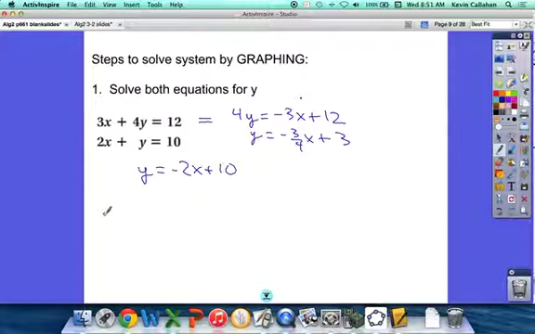So the first step, solve the equations for y. Okay, and those are the 2 equations.